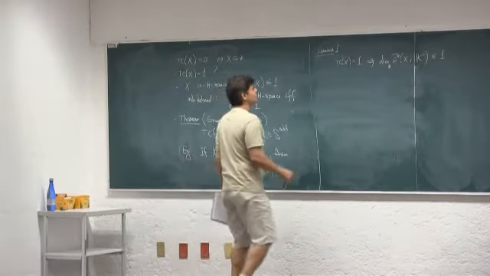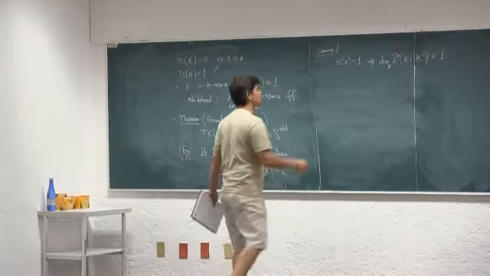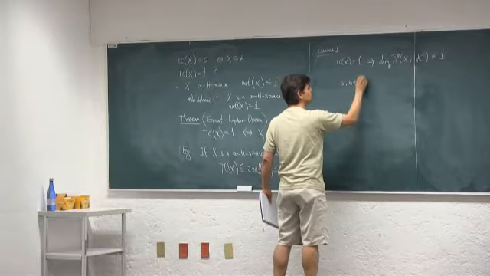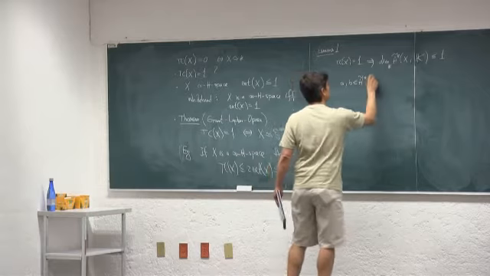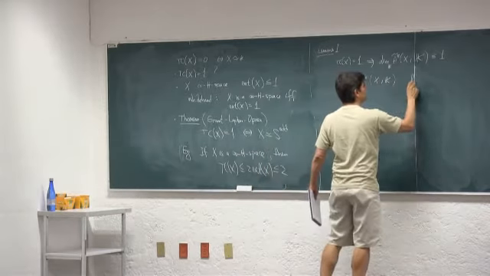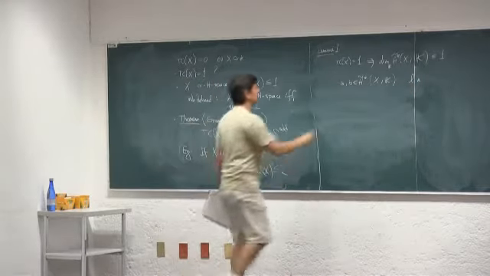This is very elementary. Let me just give the reason. Suppose you have two elements A and B in the cohomology of X with coefficients in K, which are linearly independent. Then this is very simple.